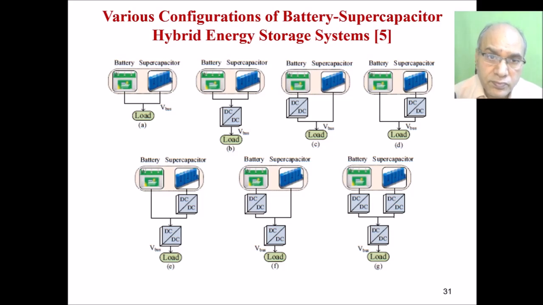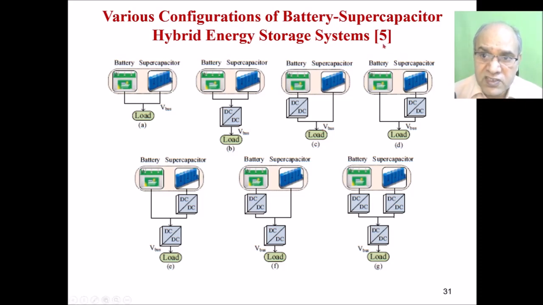Alright, how these units are connected to the microgrid is shown in these figures. We may have different combinations of connections of the battery and the supercapacitor unit. You can go through this.